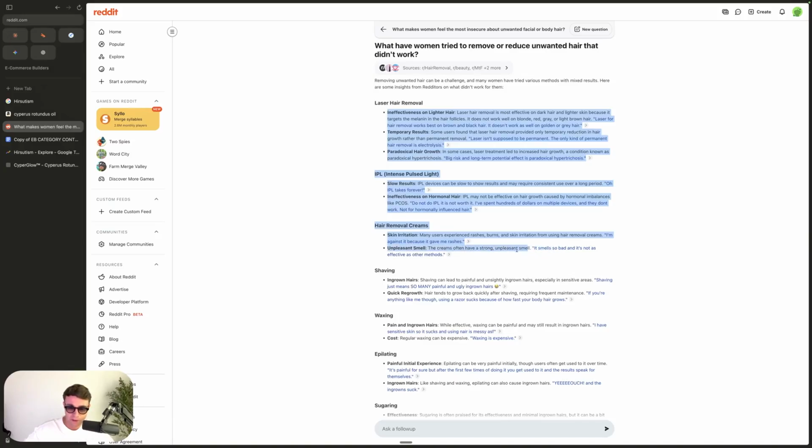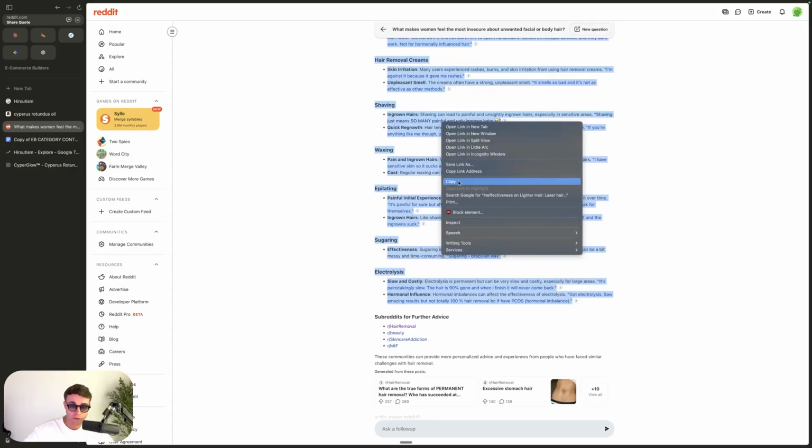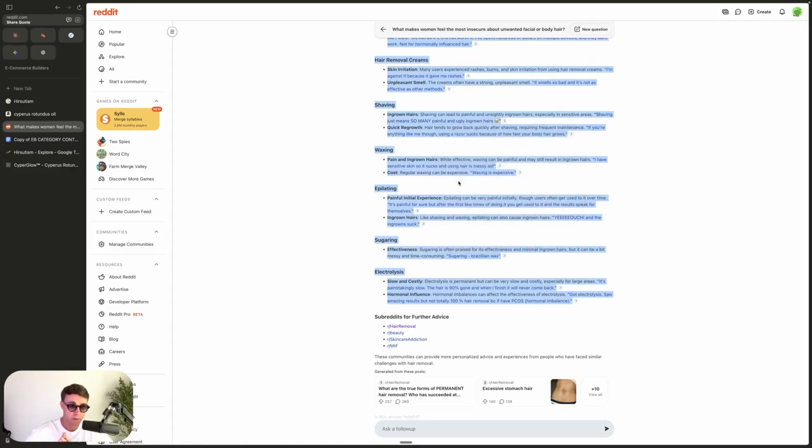She's already said, I'm against it because it gives me rashes. And then we can create a whole ad concept around that towards a product aware audience, almost breaking common beliefs that people have with hair removal products. And this is why this serum is safe and effective for all skin types, because we use X, Y, and Z ingredient. You go into your mechanism, it doesn't cause chemical burns, etc.